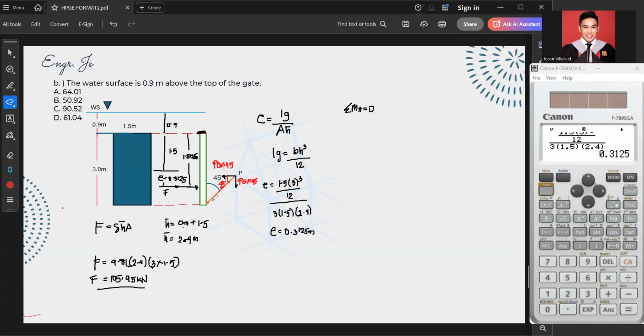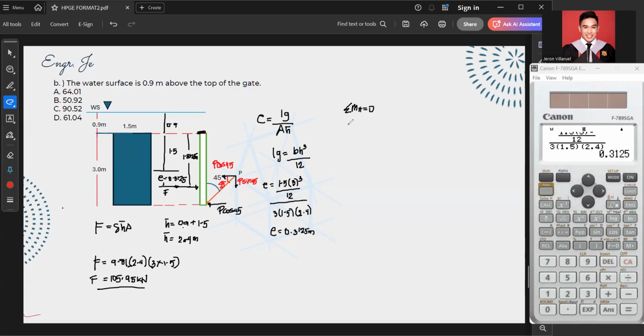And we can transfer or move our horizontal force from here to here because of the principle of transmissibility. That's P cos 45. So now we can solve our force.